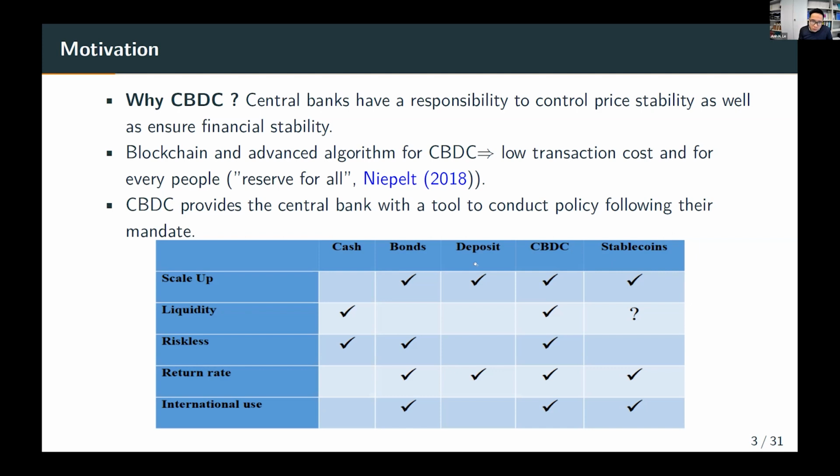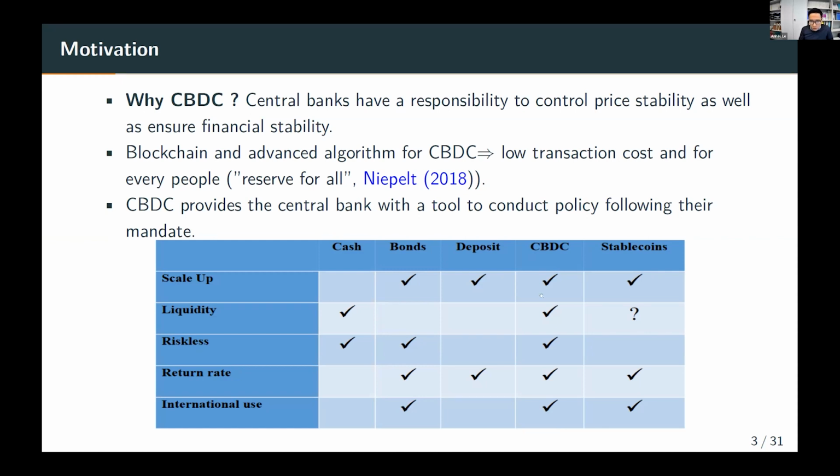Here I compare some common assets in terms of a macroeconomic model along a few aspects, including scalability, liquidity, risk, remuneration, and international use of the assets. Somehow CBDC stands out among the other assets. Let's quickly compare CBDC and stablecoin.